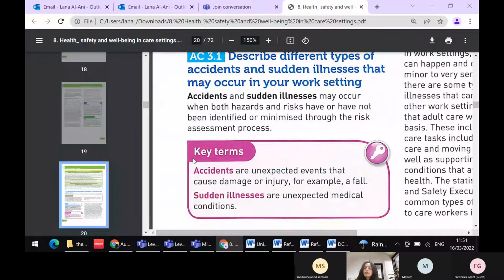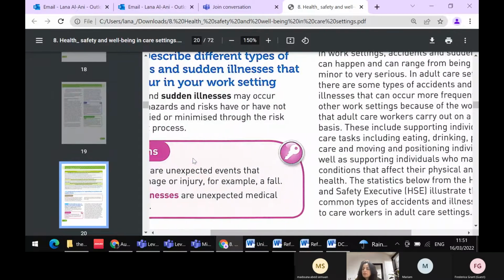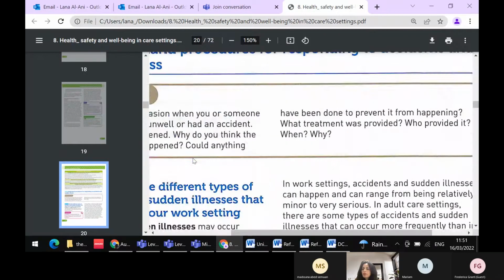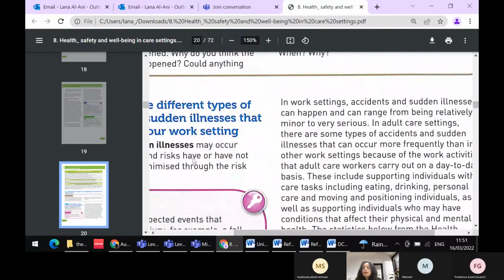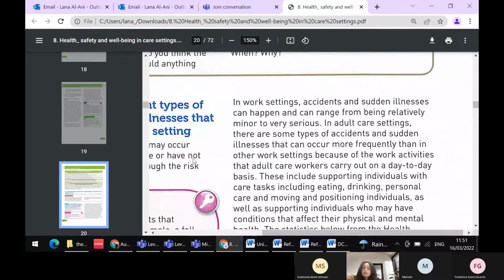Accident is an unexpected thing happening that causes damage or injury. And also there is sudden illness, an unexpected medical condition that could happen. So in the workplace, there are so many accidents and sudden illnesses that can happen, and they can range from relatively minor to something very serious. So there are many different types of dangerous situations.